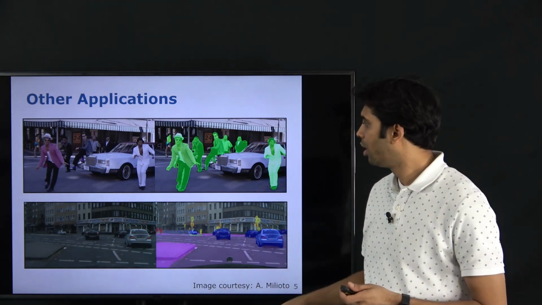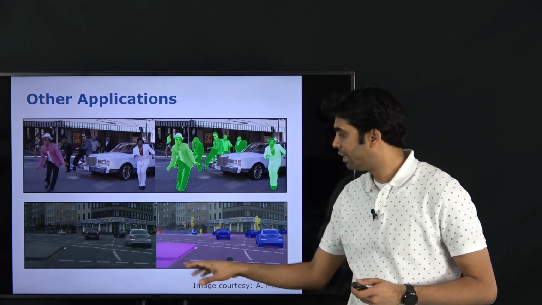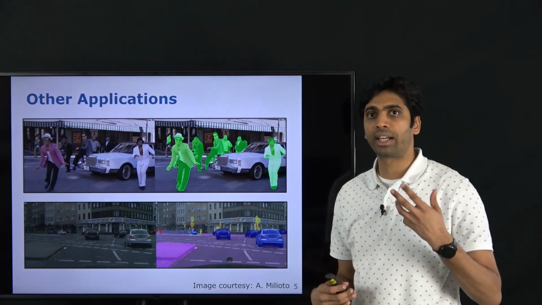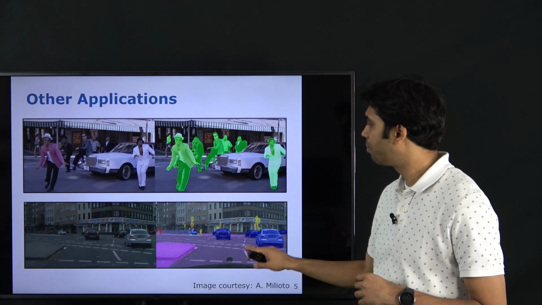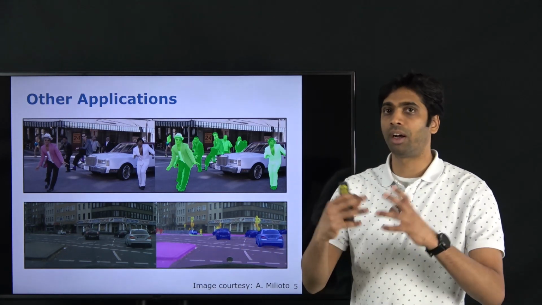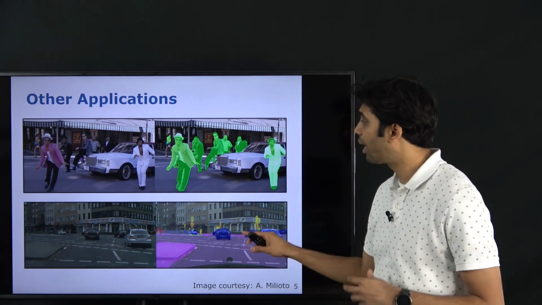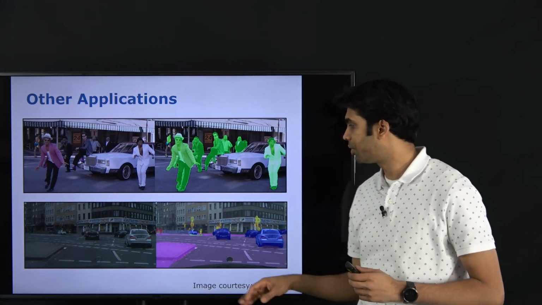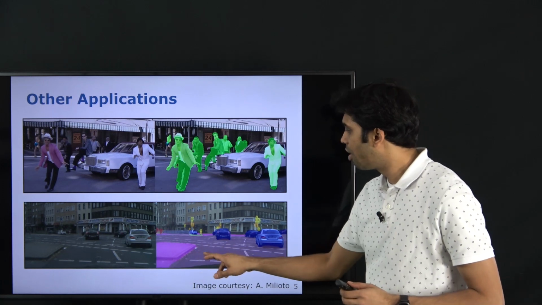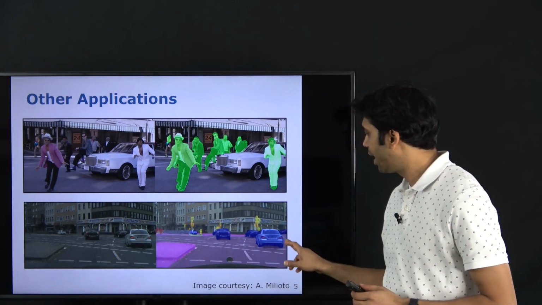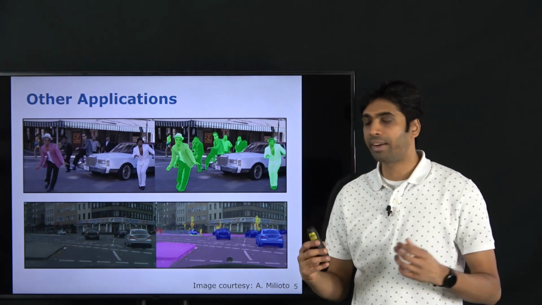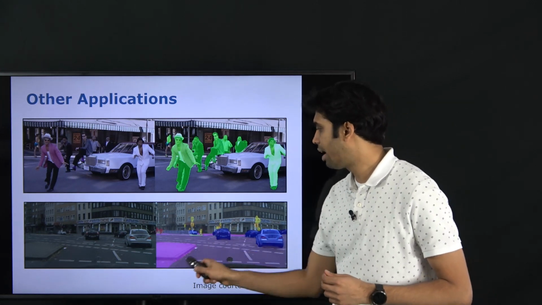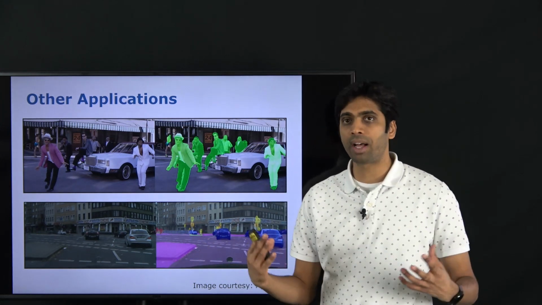And the example on the bottom is the one that I started our introduction with, where we have an image taken from a car, and we would like to understand what the different things are around us in the environment. So in this case, this lighter pink area here corresponds to the road areas, whereas this other shade, the darker pink, is the footpath areas.